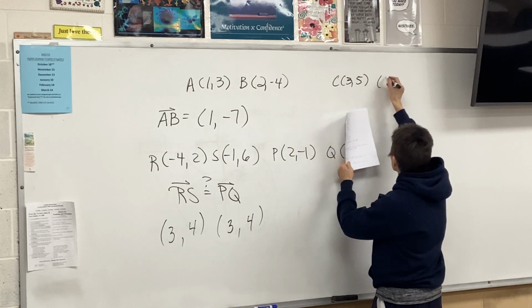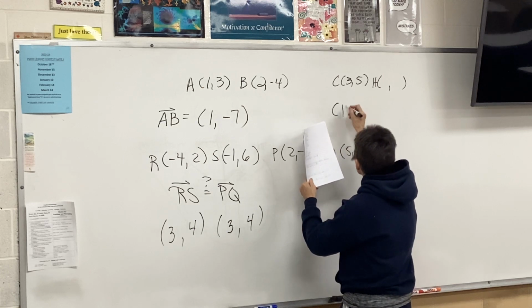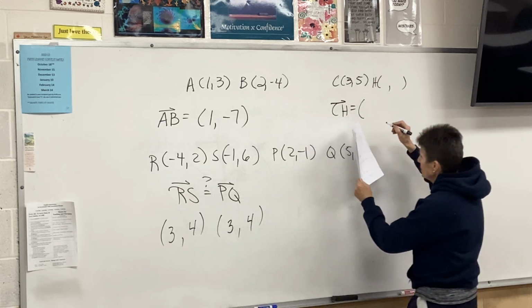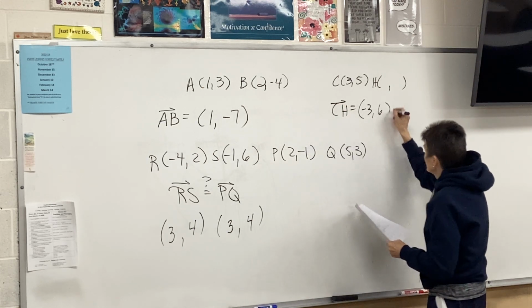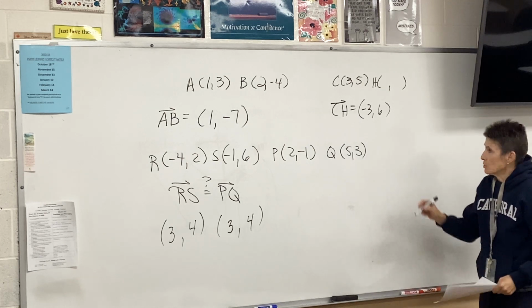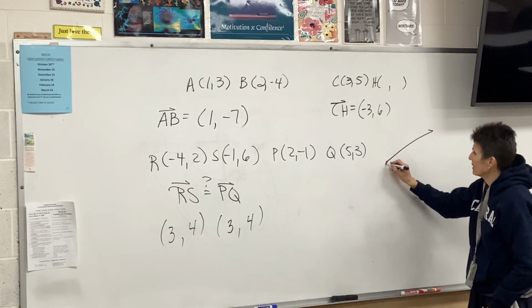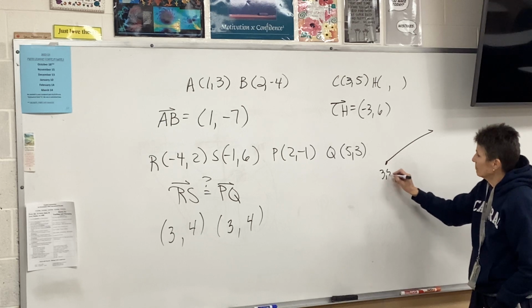All right, now we got a couple more points. Oh, no, we don't know one of them, so we don't know H. But we know that the coordinates of the vector are negative 3, 6. So in other words, if we drew a picture of this scenario, I'm starting at C(3, 5).